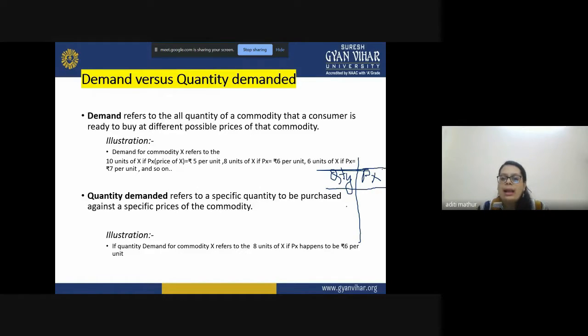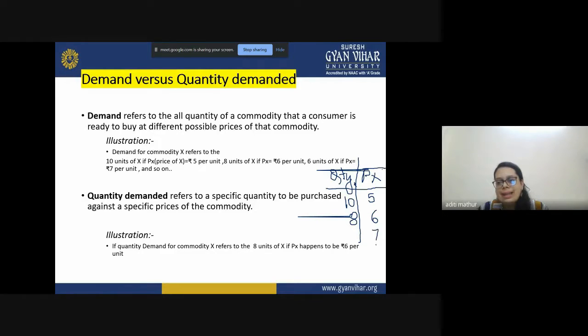So at 5 rupees per unit, I might buy 10 units of product X. At 6 rupees per unit, I might buy 8 units.